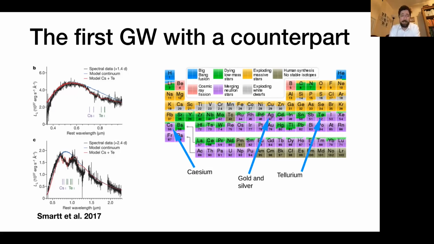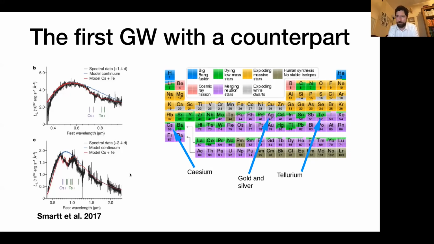In this case, these bumps and wiggles match up with light from some quite unusual elements. If you put these elements on the periodic table, you see things like cesium and tellurium, and actually potentially gold and silver.